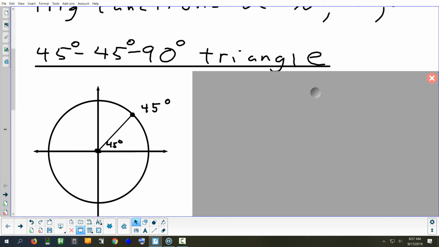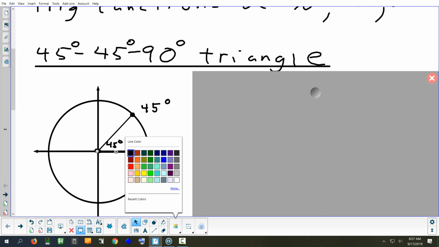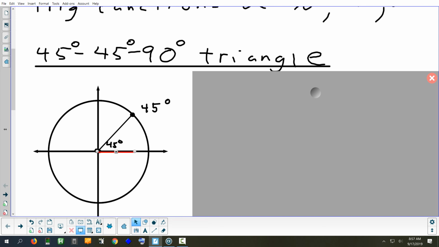I'll change the color so you can actually see that. I have to go that far to the right, and then I have to go, well, it's a little bit off, but about that far down.